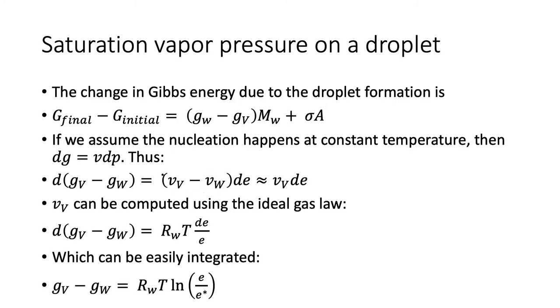Density of the water is 1,000 times the density of the water vapor. So their inverses mean that this is a lot smaller than this. And so we can approximate this to 0. So this is simply specific volume of water vapor times dE, the partial pressure of the water vapor.